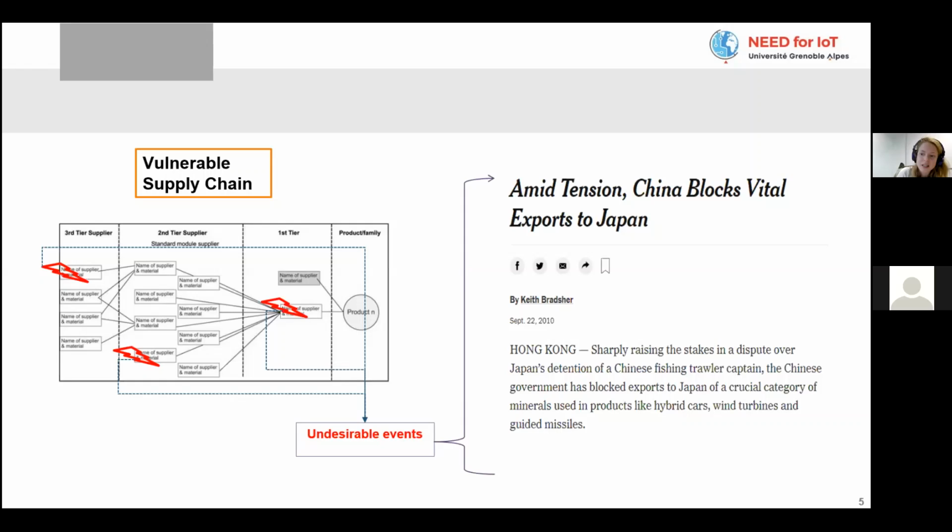So several industries of Japan were impacted. A geopolitical problem may impact a company, and so impact the manufacturing of products. So we need to see the whole context, so that we can secure our supply chain.